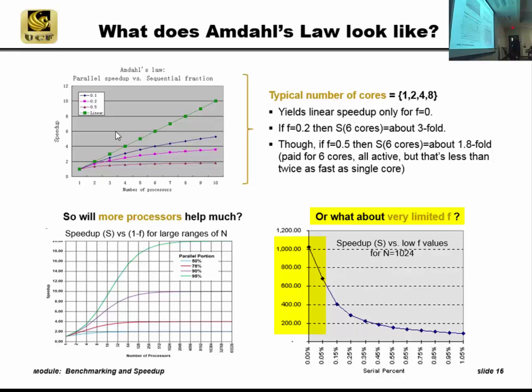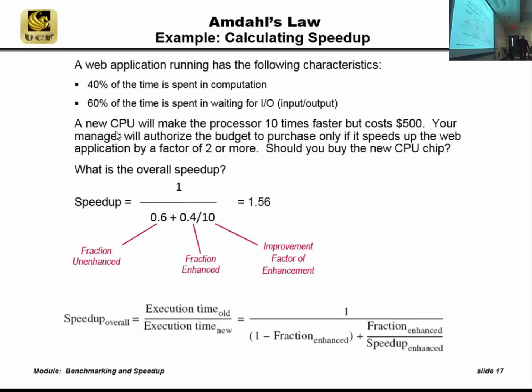But once you have 1,000 cores and get above like 0.25% sequential, which means 99.75% can be made parallel, which sounds pretty good, even with 1,000 cores, where do you end up? 300 times faster.